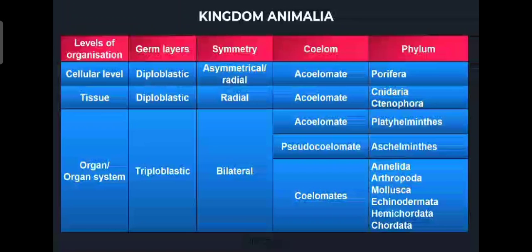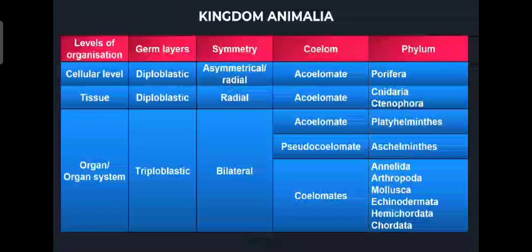If you see Porifera, which is the coelom? Acoelomate. Then symmetry, if you see asymmetrical. Germ layers, it is diploblastic, and level of organization, it is cellular level. Then the second, Cnidaria and Ctenophora, both you will find acoelomate, radial symmetry, diploblastic and tissue level of organization.